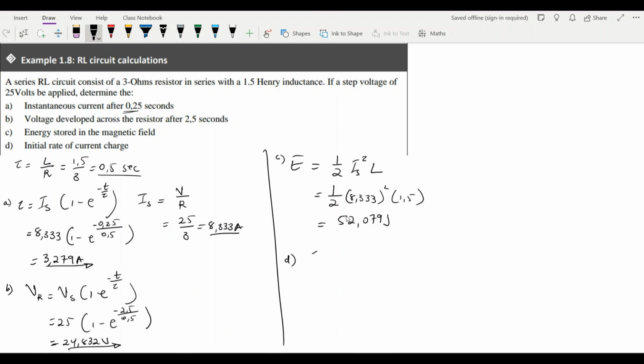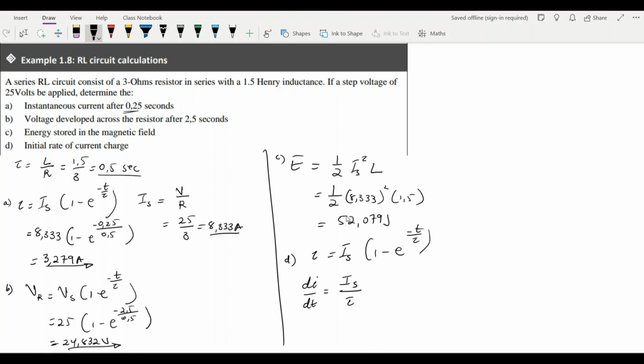Remember, we have the original equation I is given by Is into 1 minus e to the power negative t over time constant. But when you want to find the initial rate, that is di over dt, I used to say this to my students, just go straight to Is over time constant. Manipulating the equation does not have marks, it will just be a waste of your time.